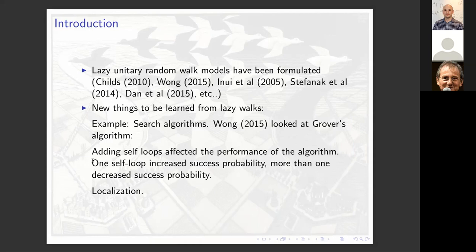It was found that one self loop increased the success probability of the algorithm, but adding more than one self loop, so increasing the laziness of the walker, supposedly led to a decrease in the success probability. I thought that was quite an interesting thing.